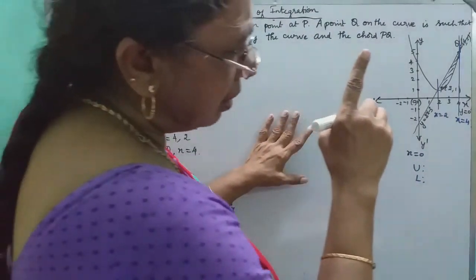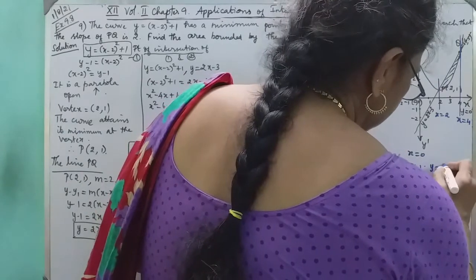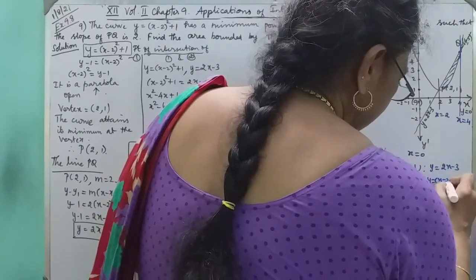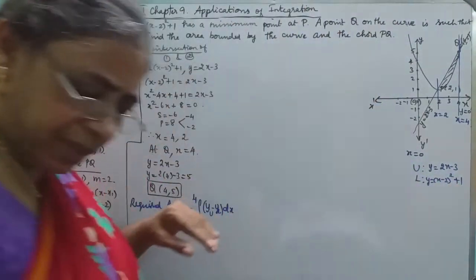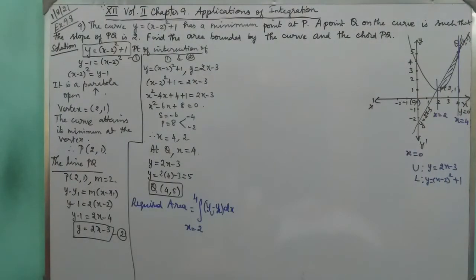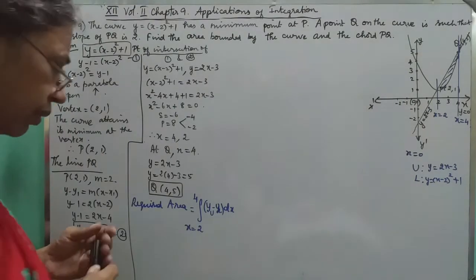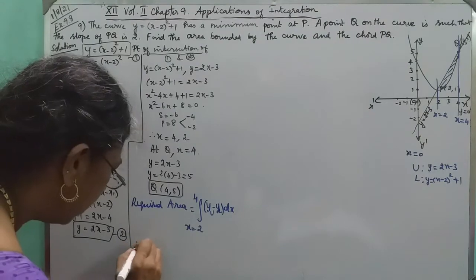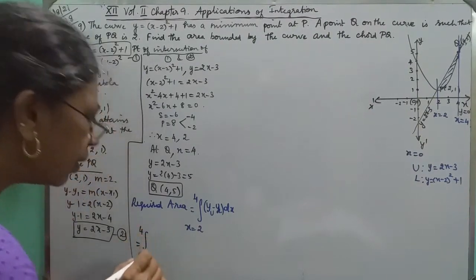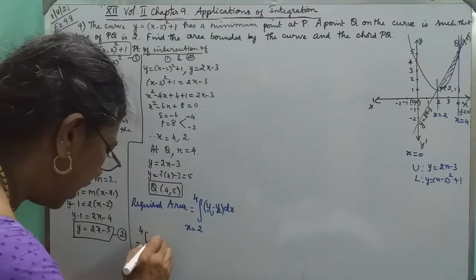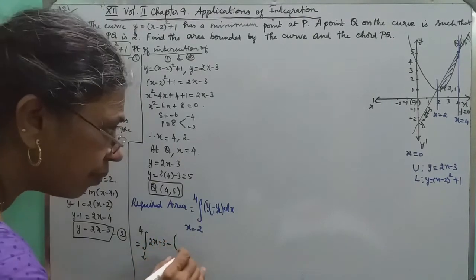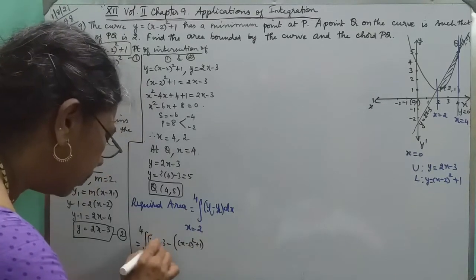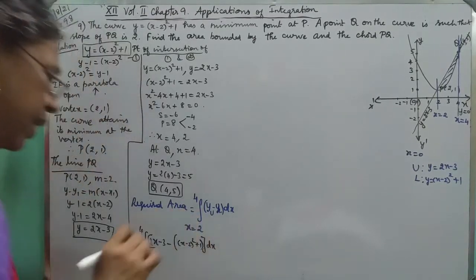Here the upper curve is the line, so y is equal to 2x minus 3. What about the lower one? Parabola, namely y is equal to (x minus 2) whole square plus 1. So directly we can substitute and find out the value. So that is equal to integral 2 to 4 of y upper, 2x minus 3, minus the bracket (x minus 2) whole square plus 1, close the bracket, put dx.